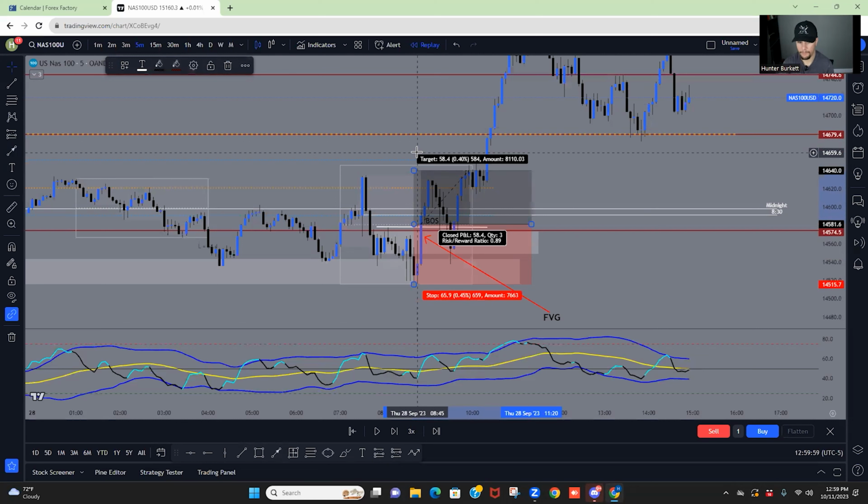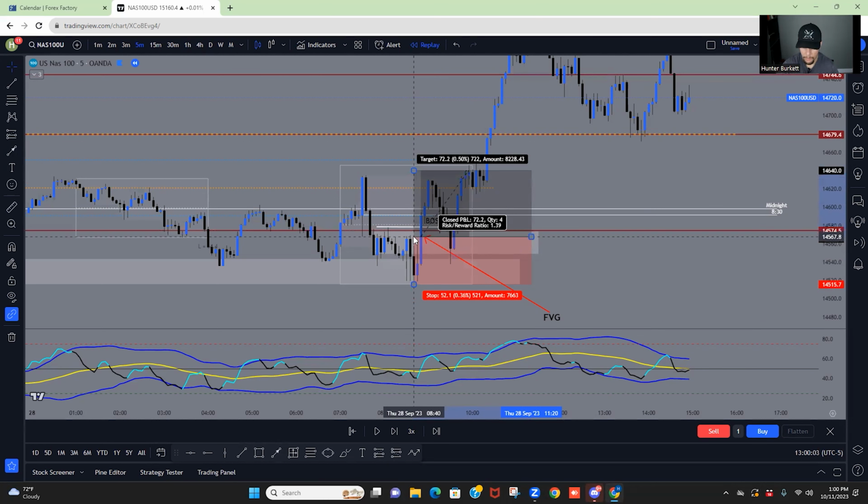I'm getting into the market. Now you can put it halfway of that fair value gap or at the body of that candle that we're drawing the breaker on. So pretty much the same thing as the halfway point of the fair value gap. And you can see that it flawlessly hit it.